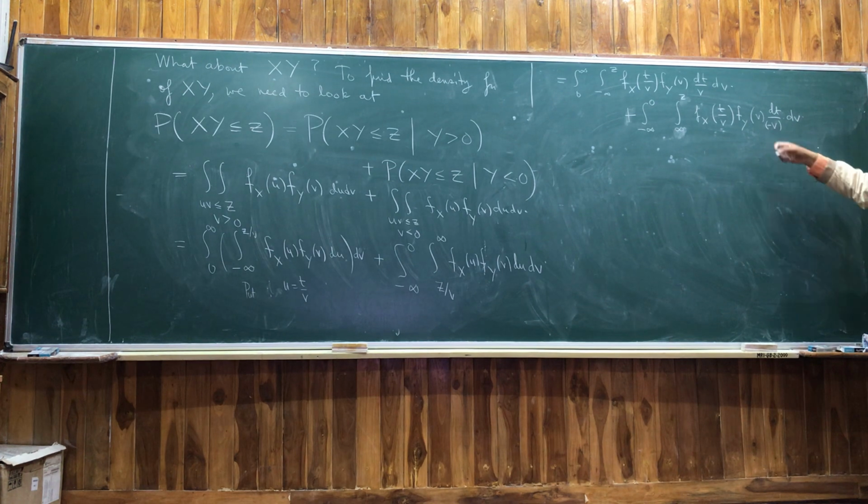And so this is really, when v is negative, minus v is the absolute value. So in both cases, it's the absolute value.